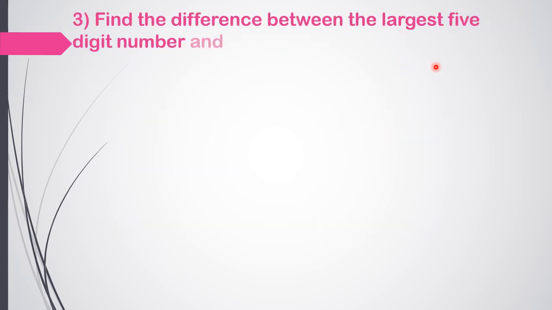Then the third sum. Find the difference between the largest 5-digit number and smallest 6-digit number. So here they ask the difference between the largest 5-digit number and smallest 6-digit number. Okay. So what is the largest number here?